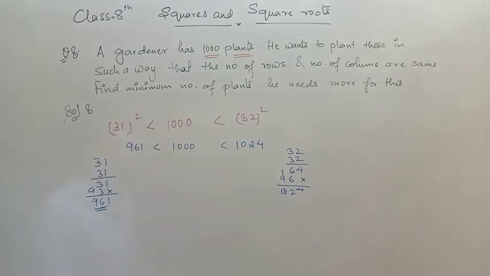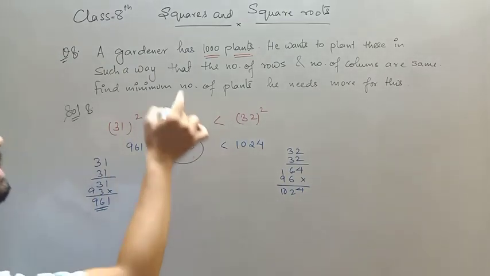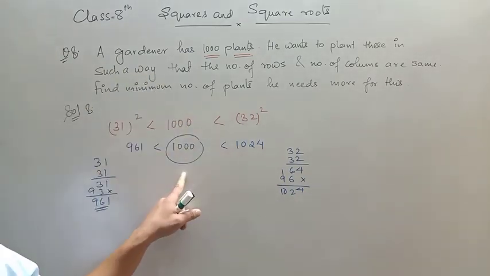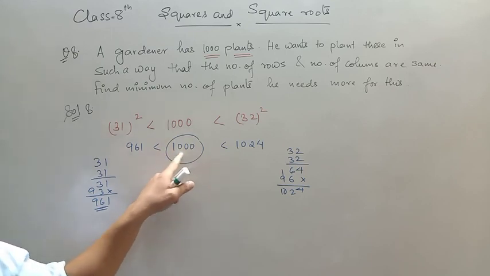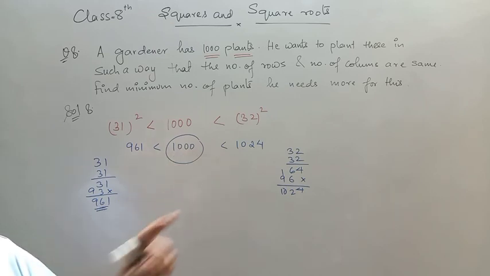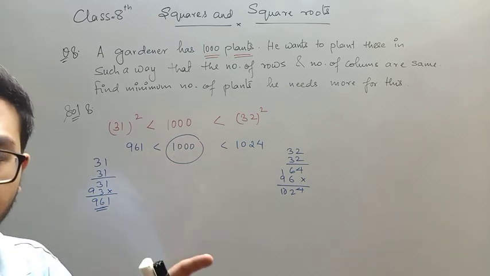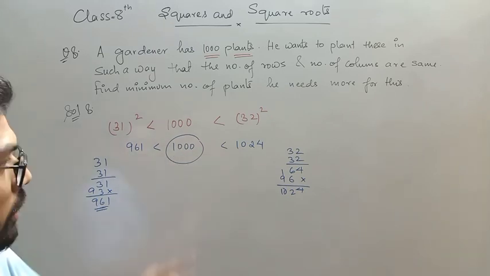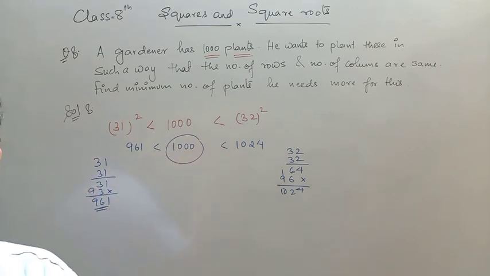That means right now I have 1000 plants, but with these I cannot make a perfect square garden. For that I require 24 more plants.